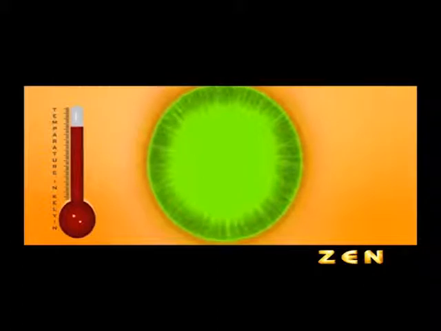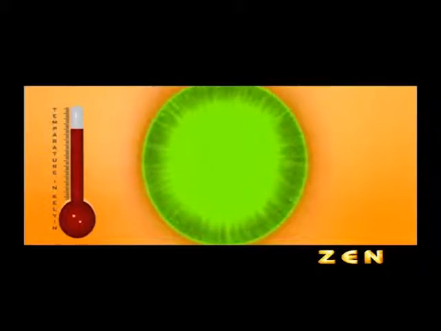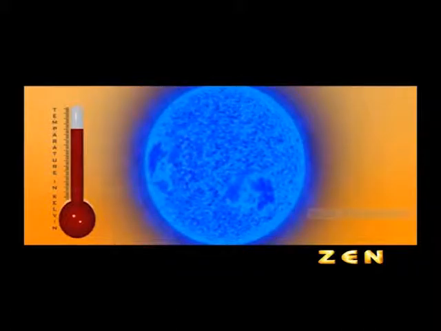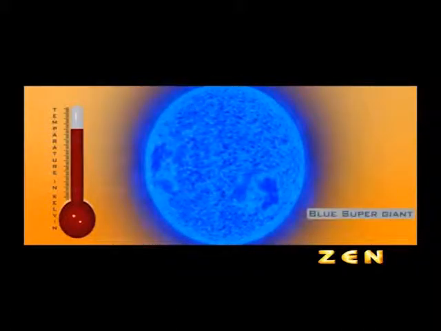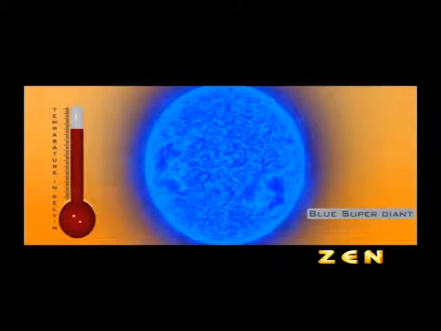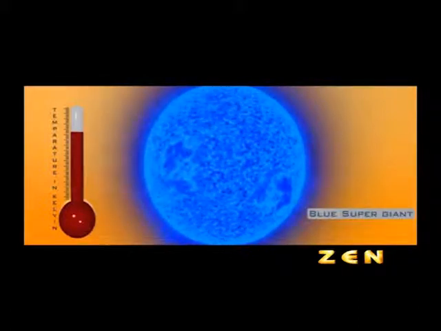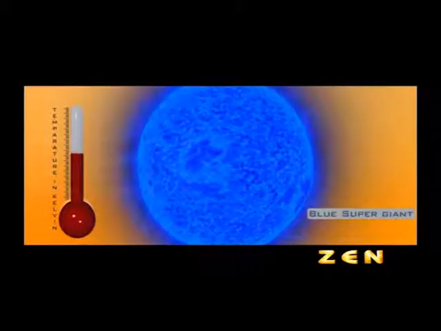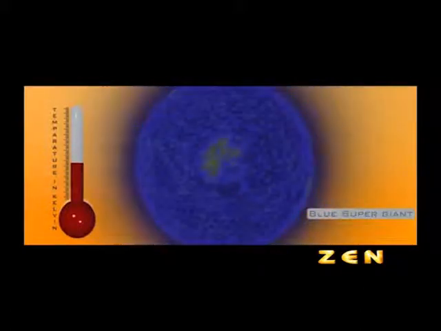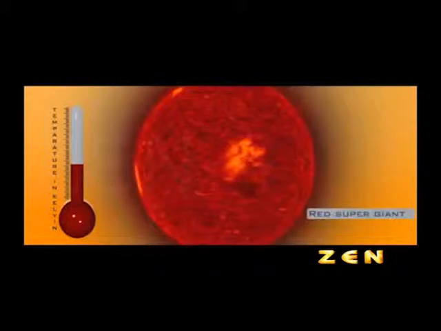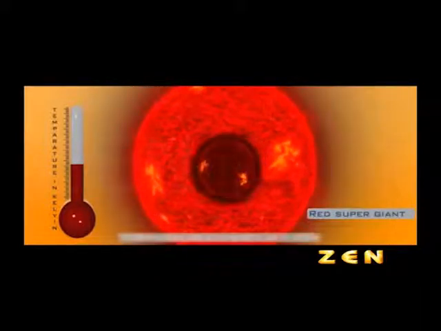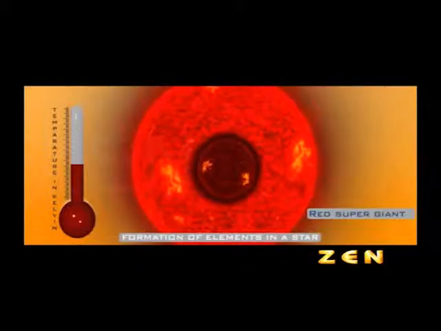When the hydrogen is used up, it expands to form a blue supergiant. The energy released causes the star's outer envelope to expand and therefore cool. The color of the star changes to red, and the star is called a red supergiant.